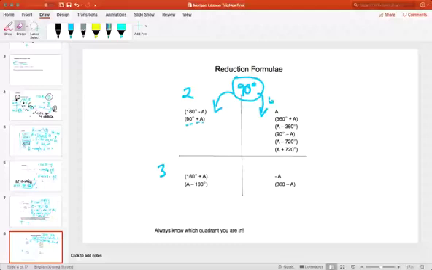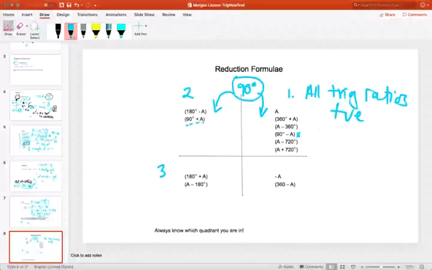Step 1, if we have 90 minus A, like we've got over there, 90 minus A means we're always going to be in quadrant 1. And we know that all trig ratios are positive in quadrant 1.